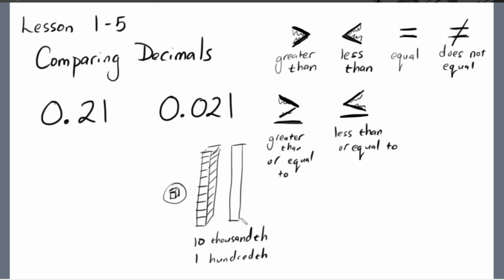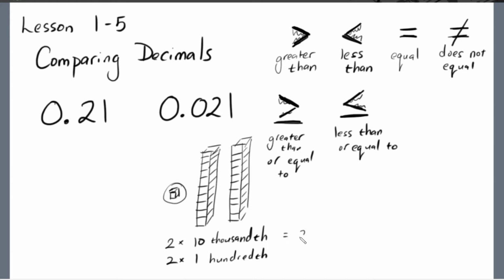Here we're going to draw another one because we have 21 thousandths, so I'm going to draw another column of them. It goes 1, 2, 3, 4, 5, 6, 7, 8, 9, 10. So that's another 10 thousandths. So now we have two groups of them. So we have either two groups of 10 thousandths or we have two groups of 100th.